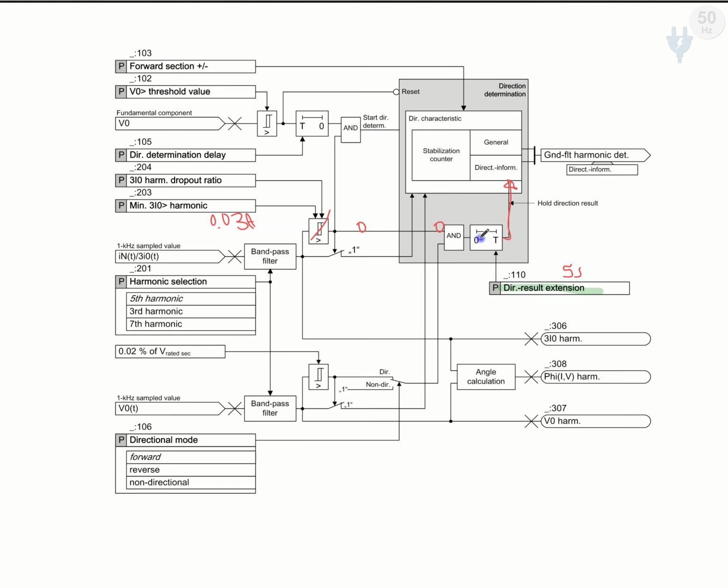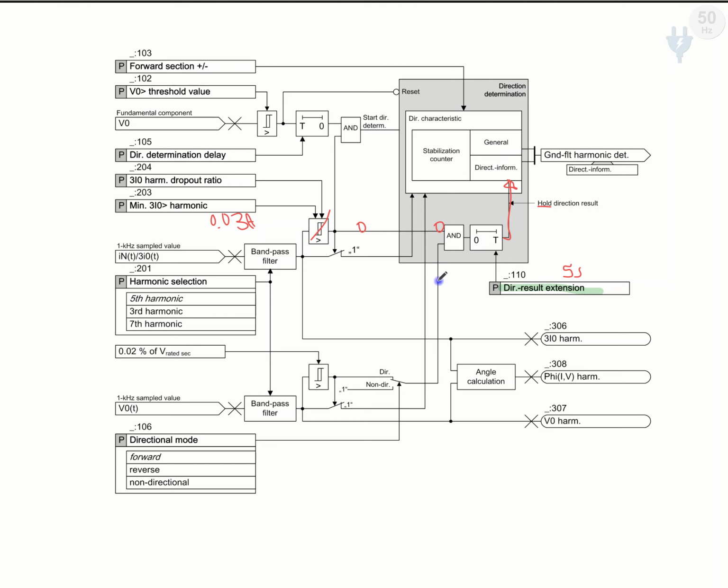If this timer block is 0, then the output becomes 0, and our determined direction will not be held. So the direction determination process will start again and be reset.